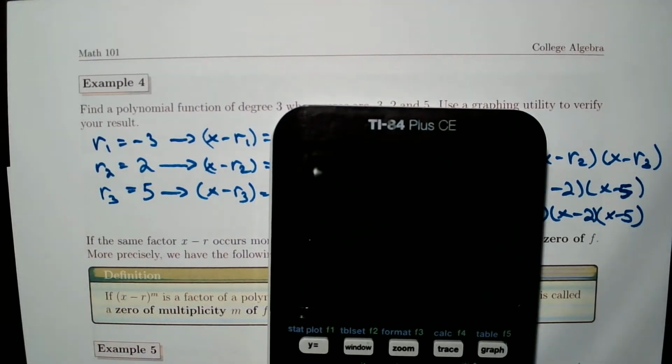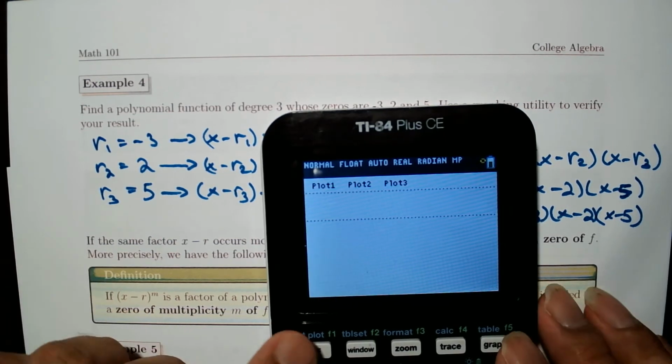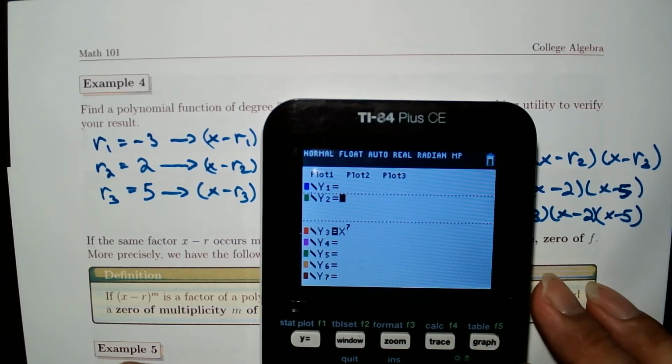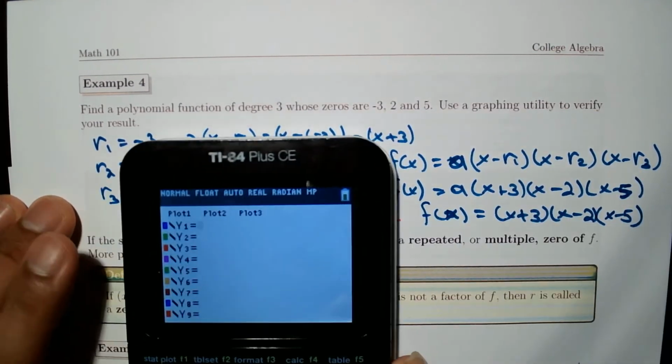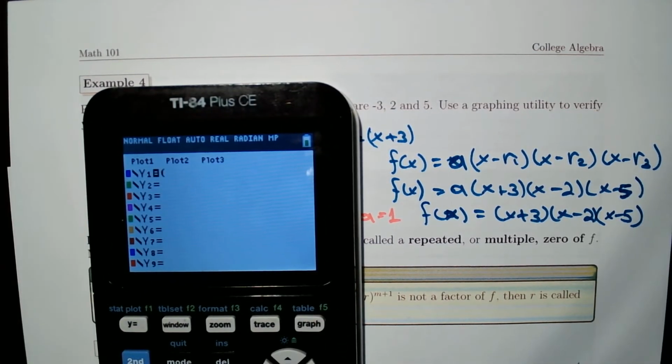Let me go to y, clear everything we have, and I'm going to use y1 for the polynomial. So I'm going to have parentheses x plus 3, close parentheses, open parentheses, x minus 2, close parentheses, x minus 5, close parentheses. Oops, I forgot to insert parentheses.